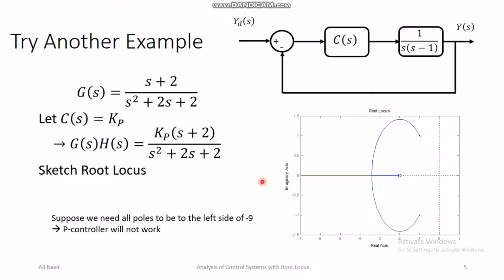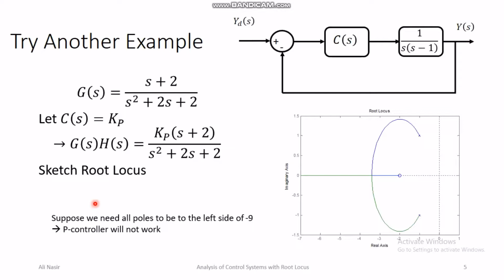And why would we want to do that? In order to have a very short settling time. So let's suppose we want to have short settling time for this system using some controller, and this diagram shows that for the proportional controller it might not be possible to achieve this objective, pushing both the poles to the left of the -9 point.